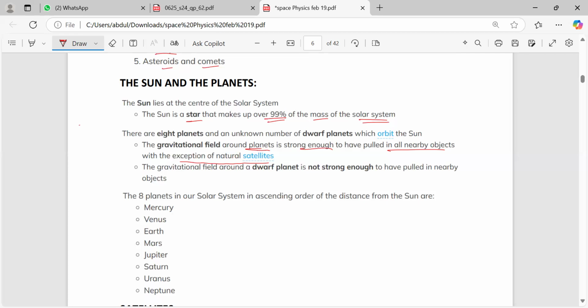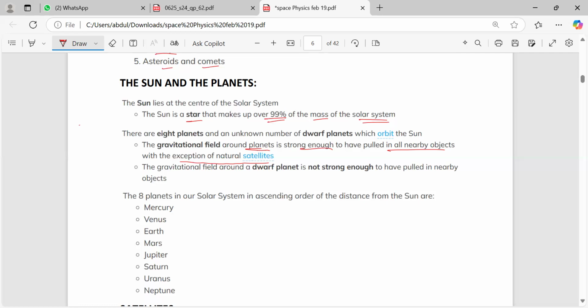Artificial satellites are many, and will be discussed later in today's lesson, inshallah, but a natural satellite example is the moon, and different planets have different numbers of moons. If I'm not wrong, this is some sort of memorization, I think Jupiter has 11 moons around it. So all the moons are basically natural satellites.